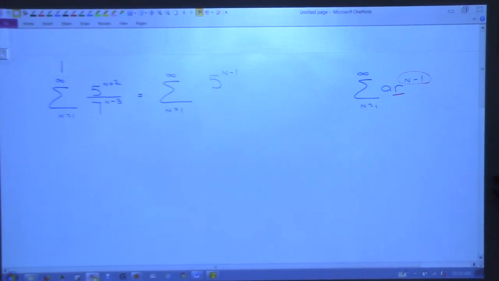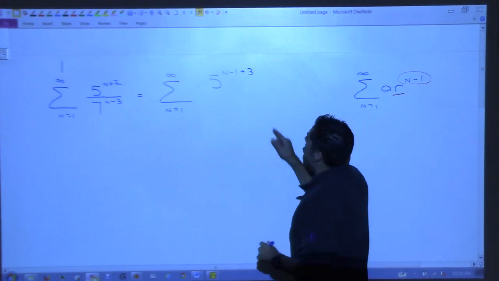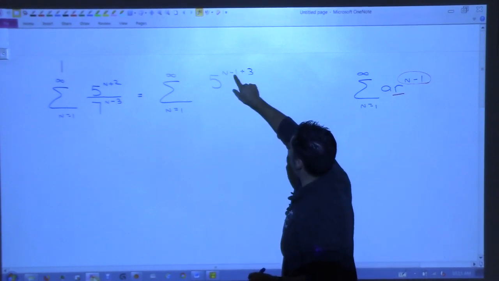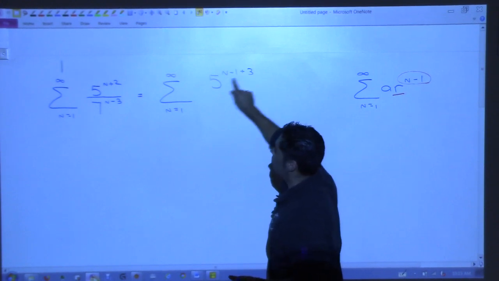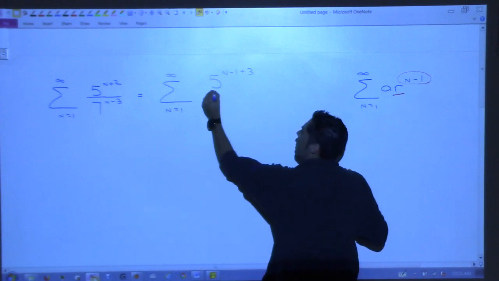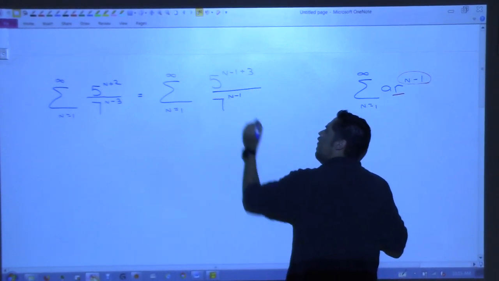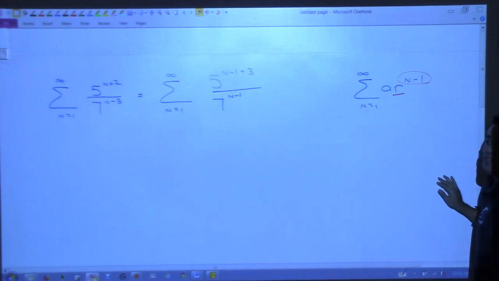What else do I need up there in that exponent? N minus 1, then what? Plus 3. You don't quite need the minus 3, because look, what's minus 1 plus 3? 2, right? So isn't that a nice way of writing that? Okay. And then how could I rewrite the 7? N minus 1 minus 2.